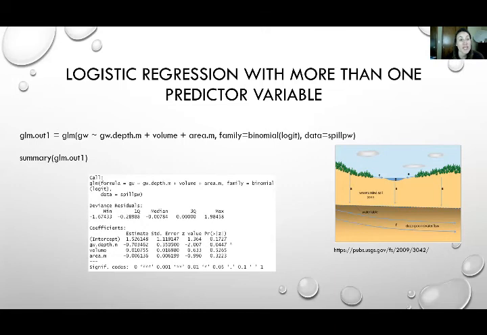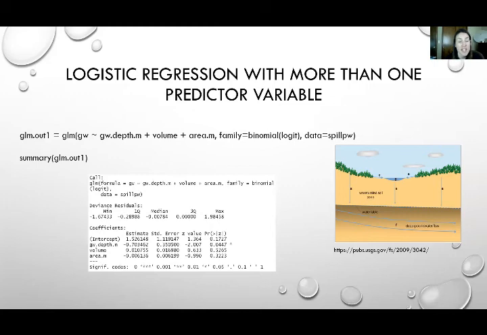And so here is the layout of how you would write that model in R. Last time all we saw was that GW, that stands for groundwater contamination. I had that coded as, I think, 1 and 2, 1 for contaminated, 2 for not contaminated.